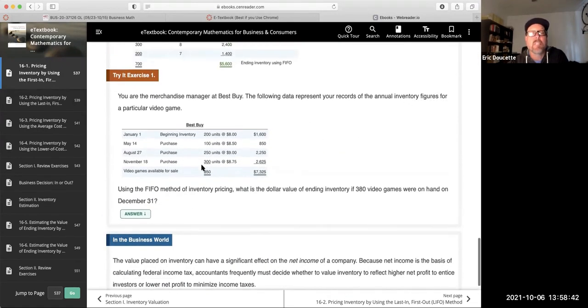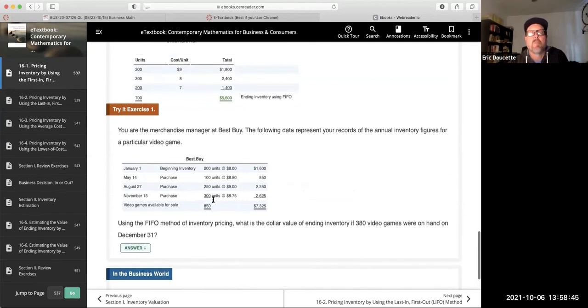Well, if I sell what I put in there last, that means, if I have 380 remaining, probably the easy way to do it is to start at the top this time. Since these are already gone, that means these are definitely still there. So I have 200 in January, I have 100 in May, and then I'm going to have 80 again from that August 27th. But all of these other ones sold down here, right? They're gone because those are the last ones I put in. So those are the first ones that went out. So whatever I have left was there the longest. In this case, January 1st and May 14th.